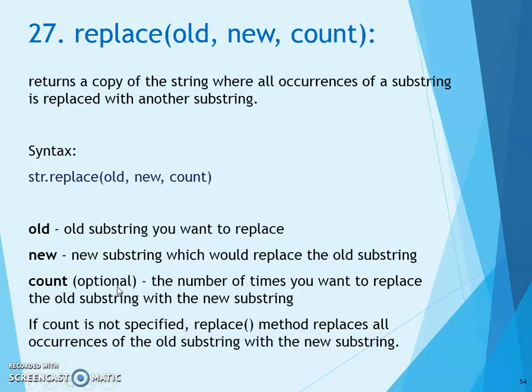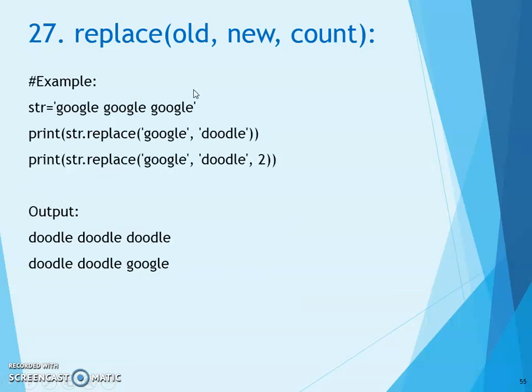This count is optional. Count is nothing but the number of times we want to replace the old substring with the new substring. As this parameter is optional, if it is not specified, then this method replaces all the occurrences of the old string with the new substring. So we'll see examples of this.